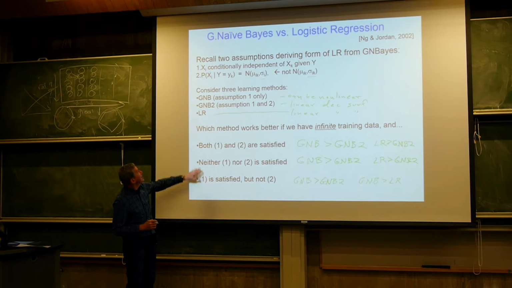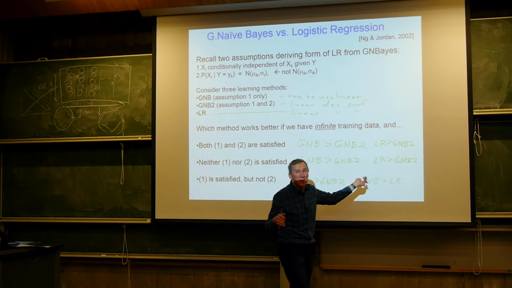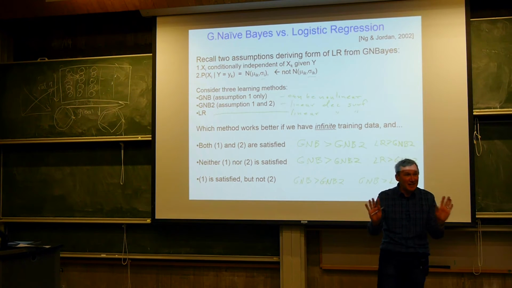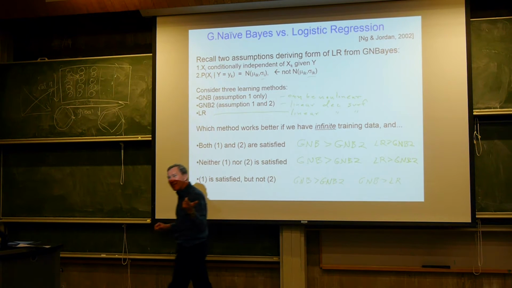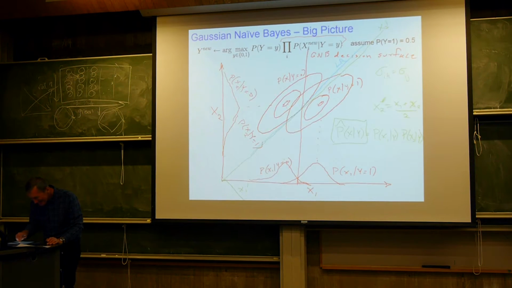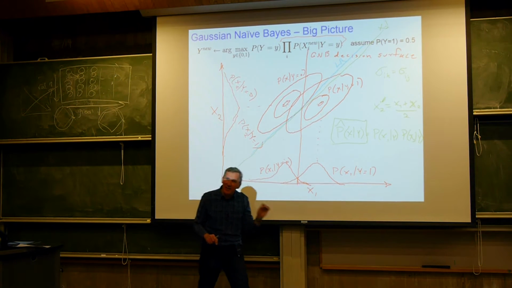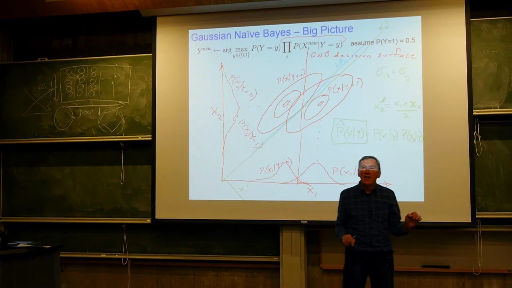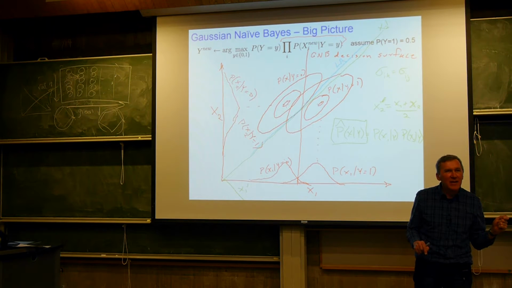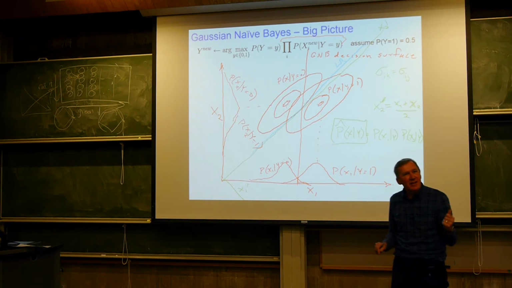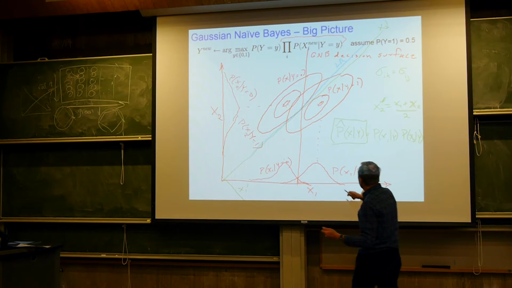And as long as 1 is satisfied, those things are conditionally independent, then we're never going to get a case like the one we drew on the previous slide that violates conditional independence. Oh, that did violate conditional independence. Did you notice that? Conditional independence says the probability of x1 given y is independent of the probability of x2 given y. That's not true.